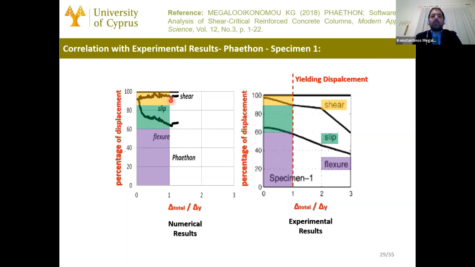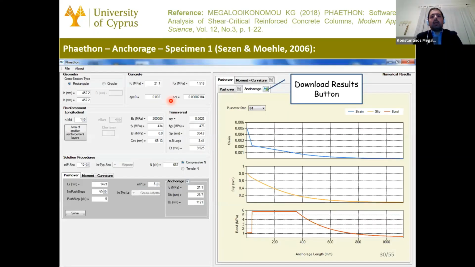And moreover, through the solution of the differential equation of bond and anchorage, you have the contribution of strain, slip, and bond, and you can obtain the results and plot them in the program you usually use for post processing.